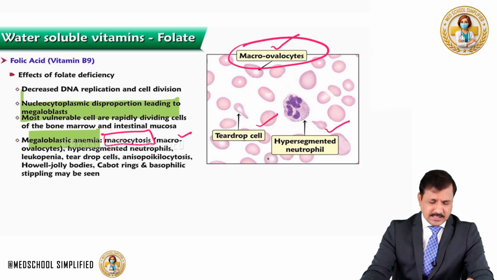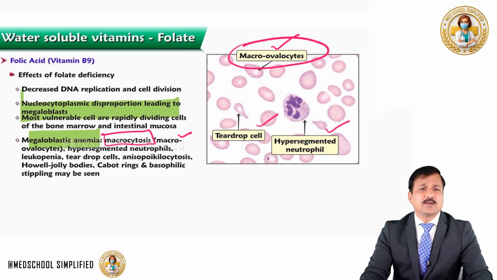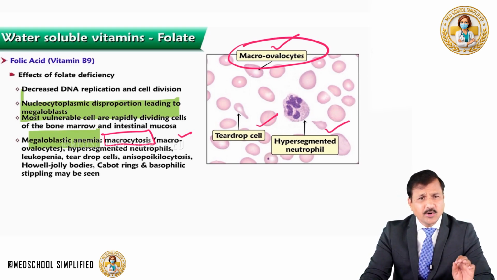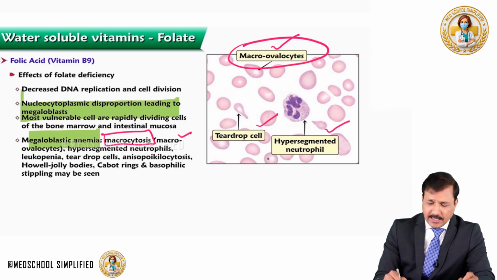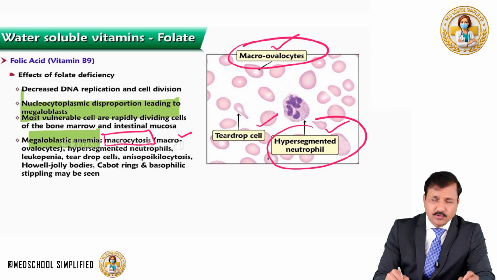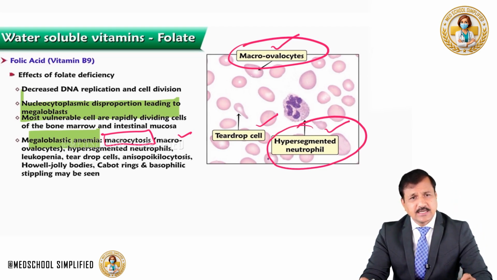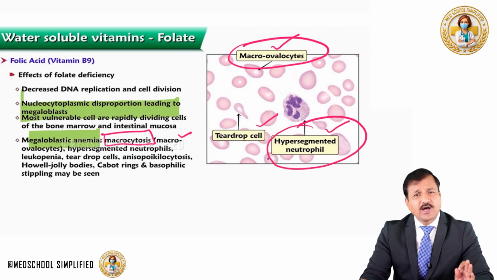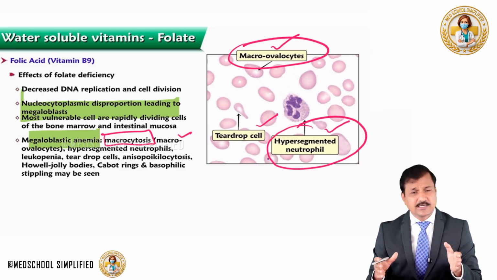Coming to white blood cells, the white blood cell count can be decreased, and one of the most important points that you need to look for in the peripheral smear is hypersegmented neutrophils. And how many segments are generally seen here? At least 5-lobed neutrophils are seen per 100 white blood cells.